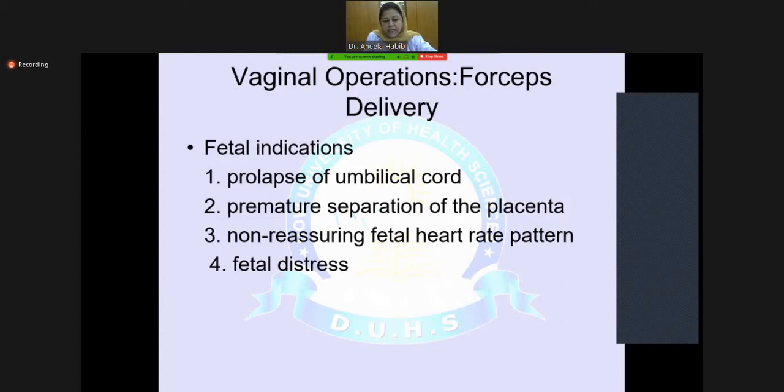All these are indications of fetal distress. For the safety of the baby, you need to take the baby out without waiting for normal progress. And keep in mind that if the head is visible at the level of the introitus and the baby is just coming out, you need to ease it out by application of the forceps and take the baby out.